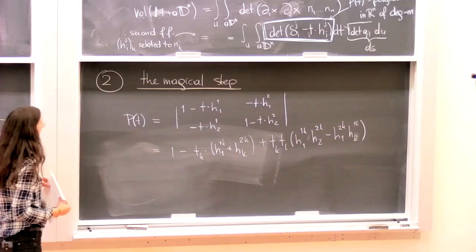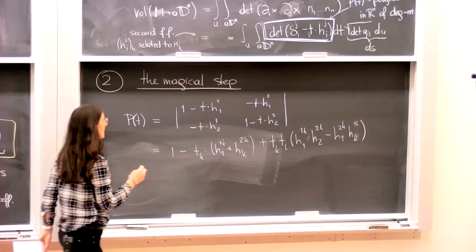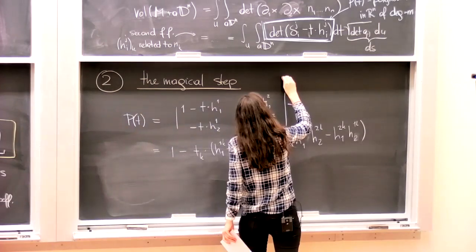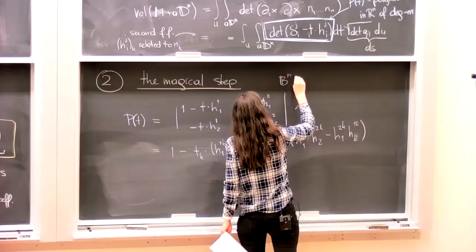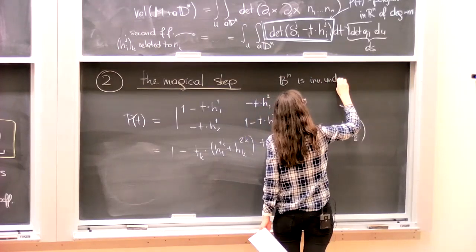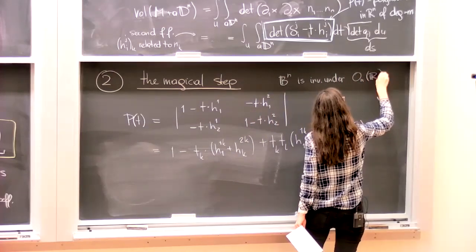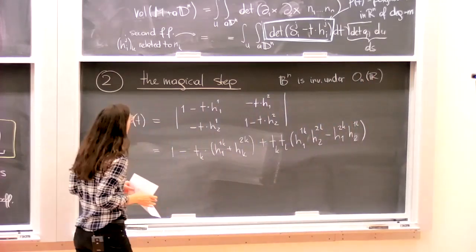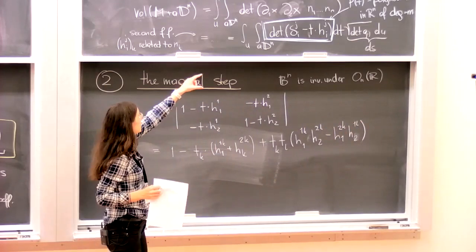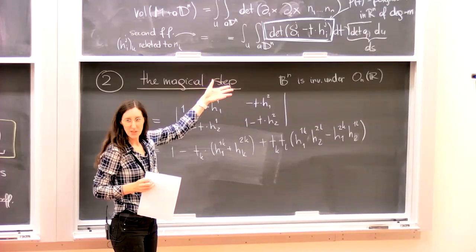Because I'm still considering the proof for the ball. Also, the first step I already wrote in more generality. If Bn is invariant under the orthogonal group, I could multiply everything by a rotation and start with the same integral.